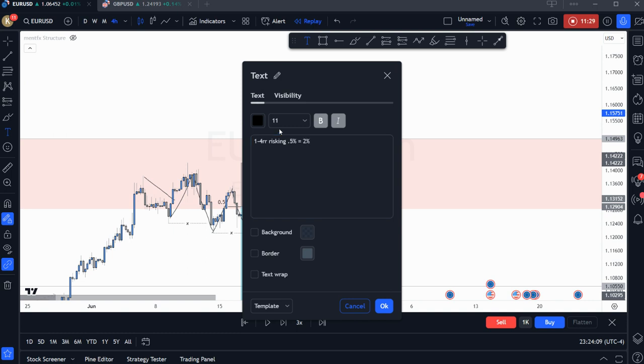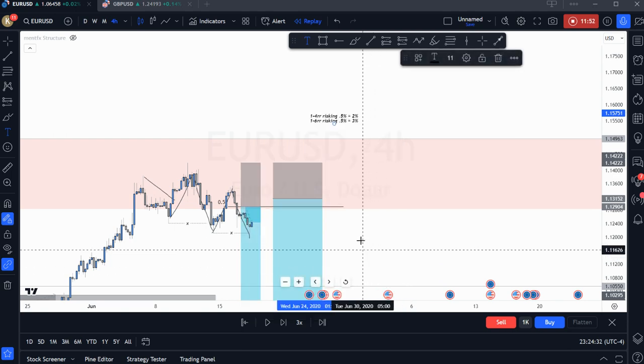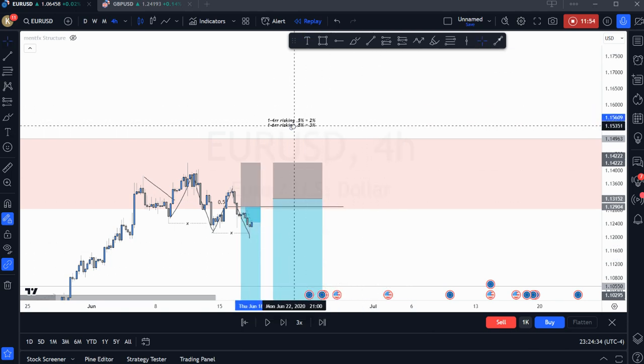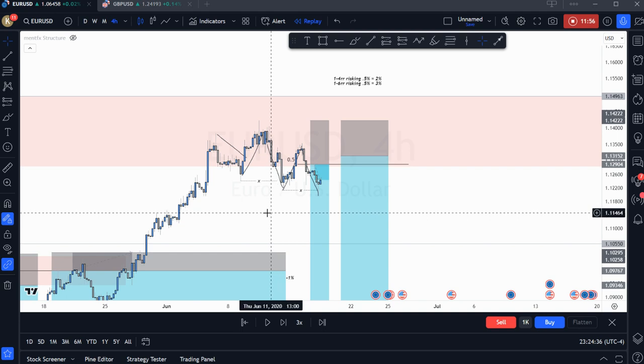While the second one is a 1 to 6, I believe. 1 to 6 RR, risking 0.5, that would give me 3. Correct? Yeah, that'll give me 3%. So a total of 5% gain if both get tapped in. You kind of see how the math goes. So I'll just leave that there.